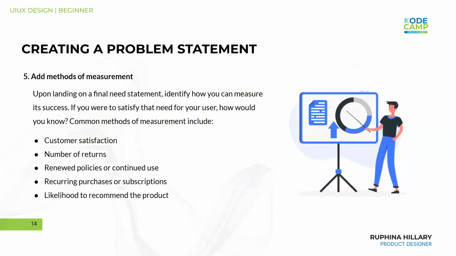So the last one is to add methods of measurement. Upon landing on a final need statement, identify how you can measure its success. If you were to satisfy that need for your user, how would you know?